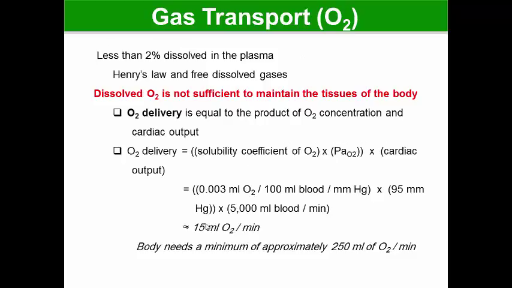Using Henry's law, we can reach a conclusion that the oxygen which is dissolved in the plasma is not sufficient to supply the tissues of the body with the oxygen requirements.